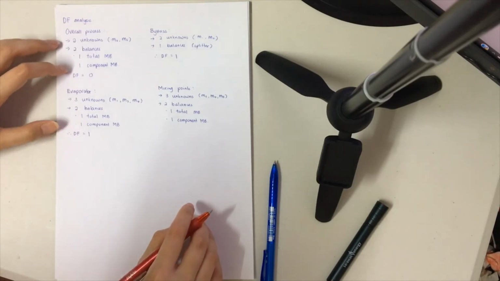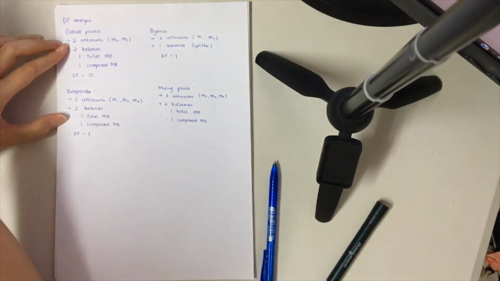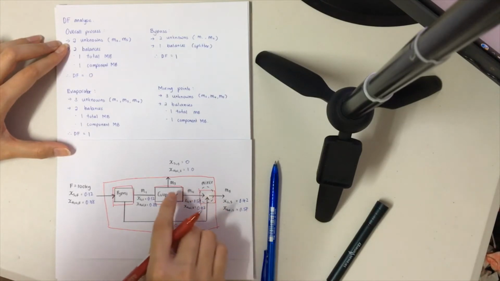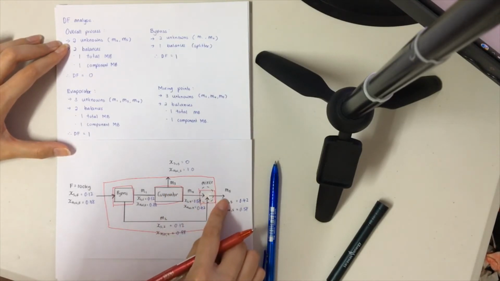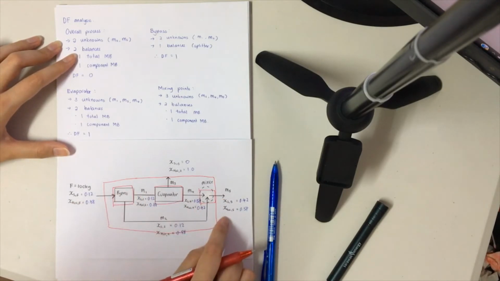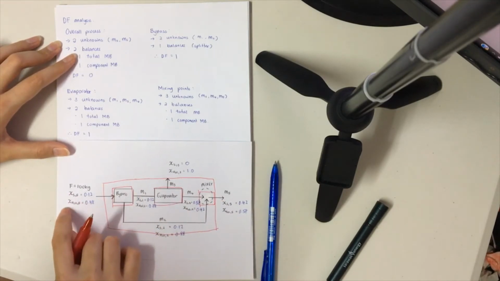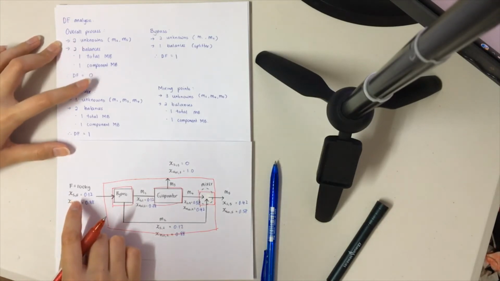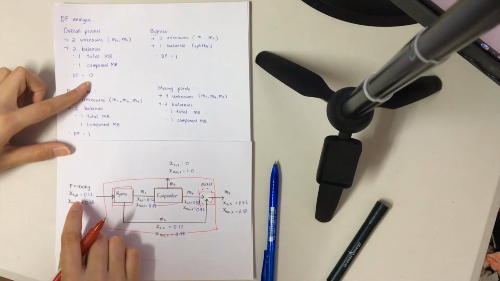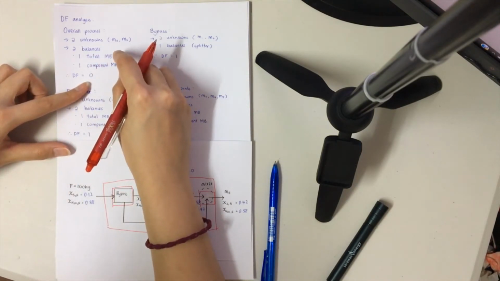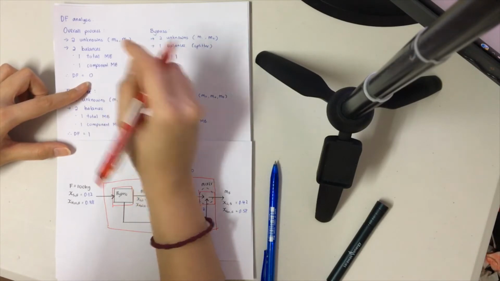For the overall process, we have 2 unknowns, which are M3 and M5. 2 balances, which are 1 total balance and 1 component balance. We have 2 components here, so we'll take 1 component balance. And the degree of freedom would be 0. Therefore, we should start by solving for the overall process first.